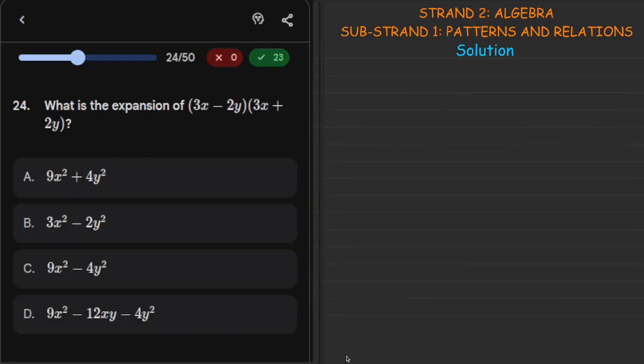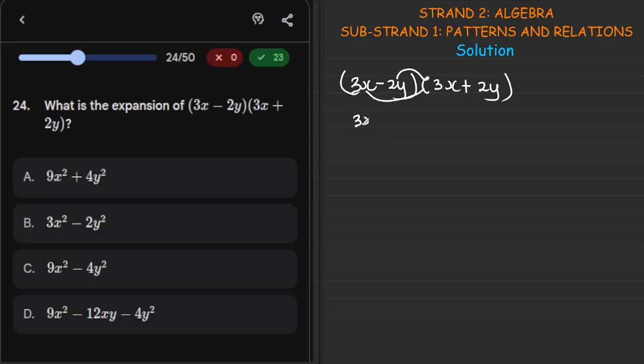24 says, what is the expansion of, so we have 3x minus 2y. Then in the other bracket, we have 3x plus 2y. So we have our first term multiplying this whole bracket, and then this second term also multiplying this whole bracket.